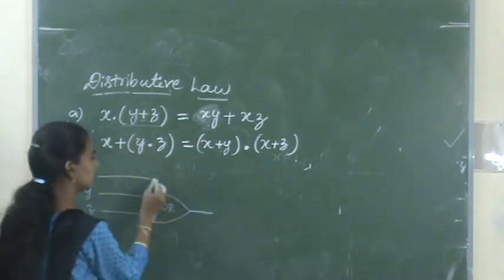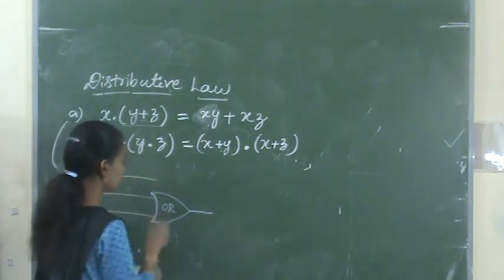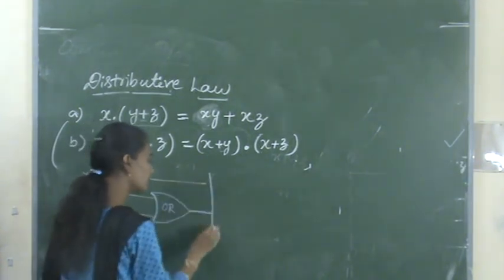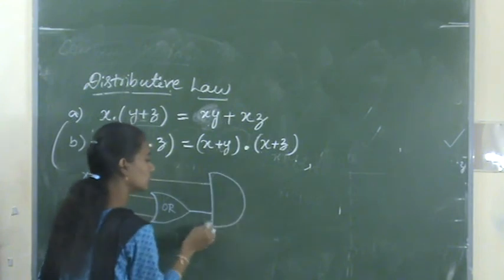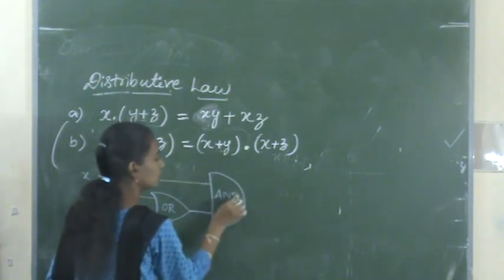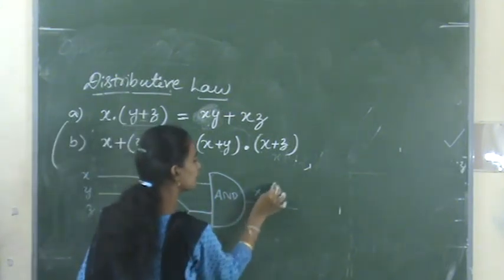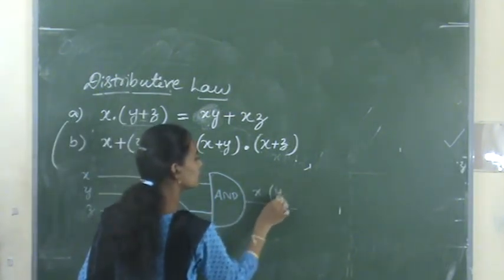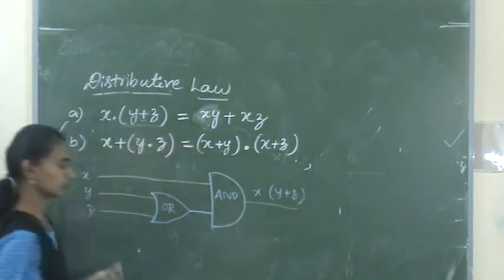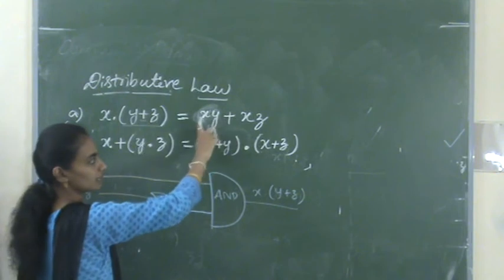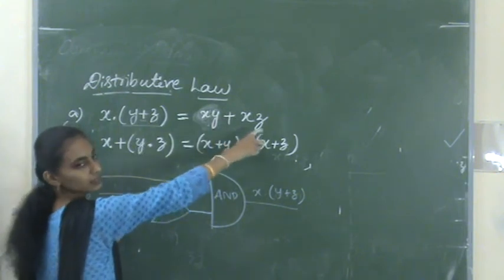We are performing AND operation, right? So the result will be x into y plus z. Okay. So the result is x into y plus x into z.